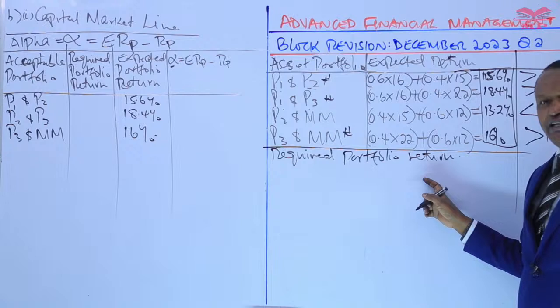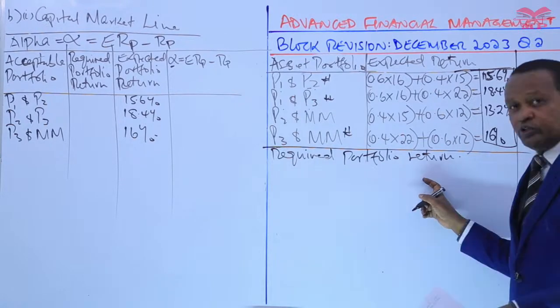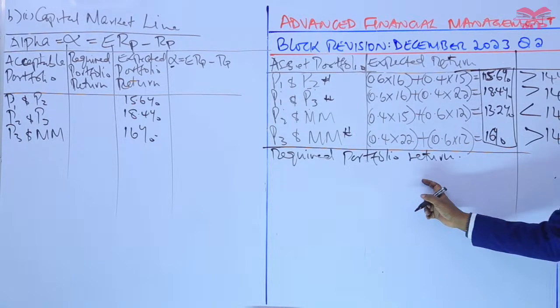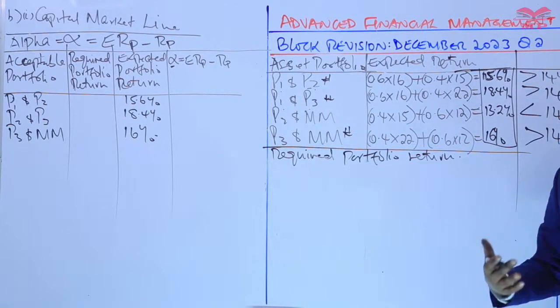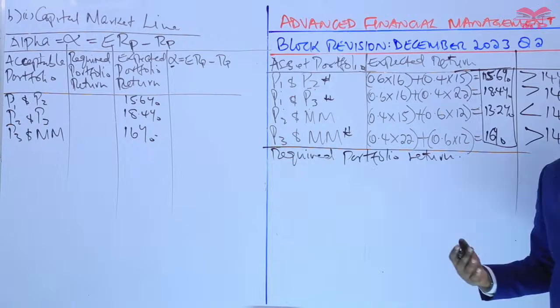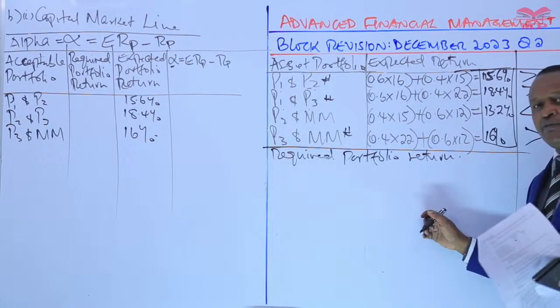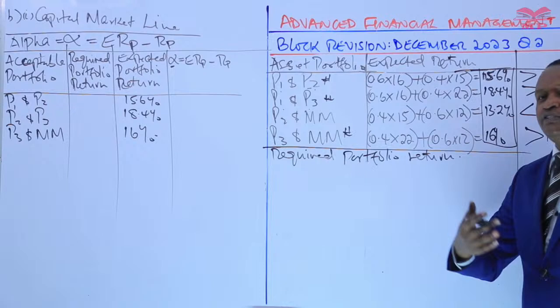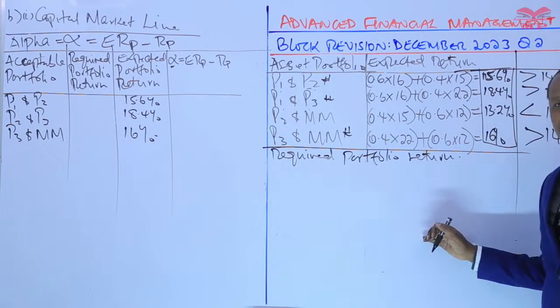The minimum required rate of return of an acceptable portfolio refers to the minimum rate of return that an investor must achieve on their investment in order to meet their financial objectives and fulfill the investment goals.